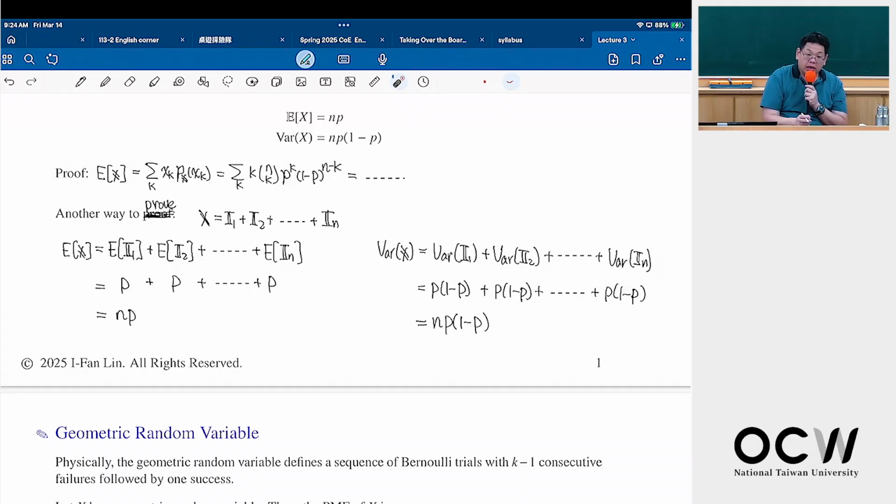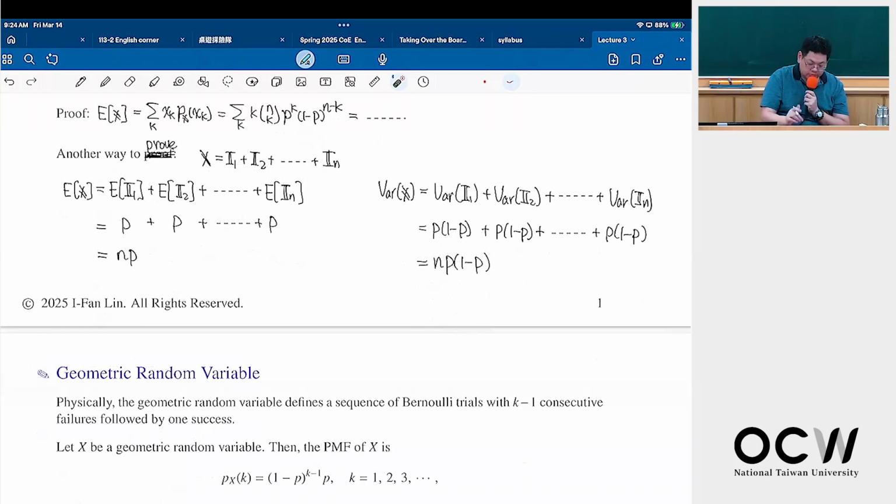What is the probability of getting the head when I throw the coin? The first k minus 1 times are all tails until the kth time it is head. Then overall this is the geometric random variable. So I always want to get head, so I just flip the coin.